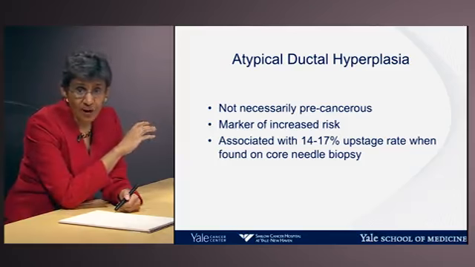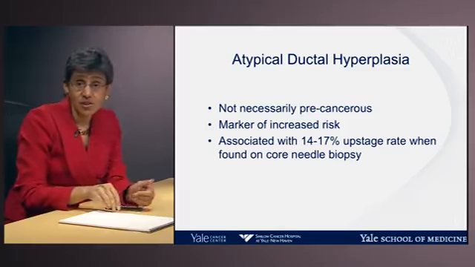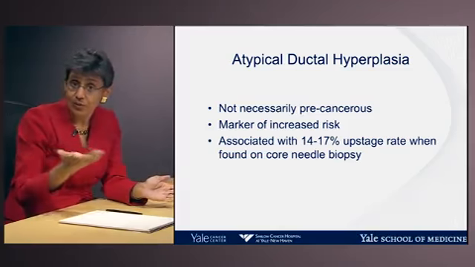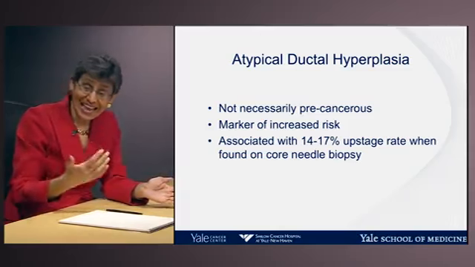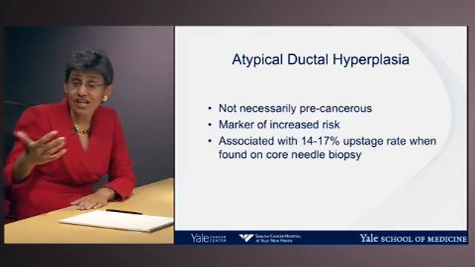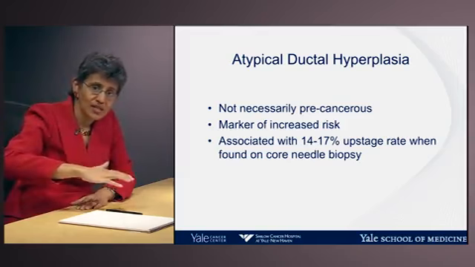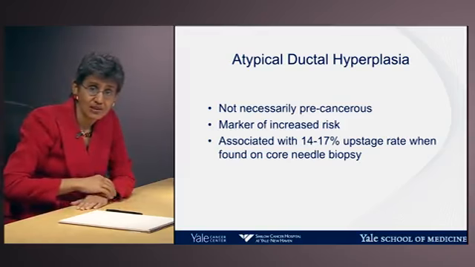In and of itself, however, atypical ductal hyperplasia is simply a marker of increased risk, like we talked about in the risk lecture. And for the most part, selective estrogen receptor modulators like tamoxifen are very effective in reducing the risk associated with atypical ductal hyperplasia.